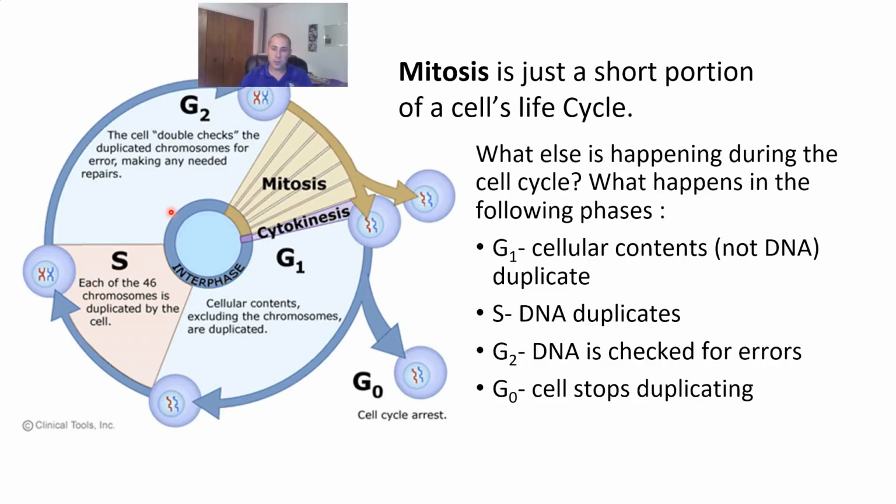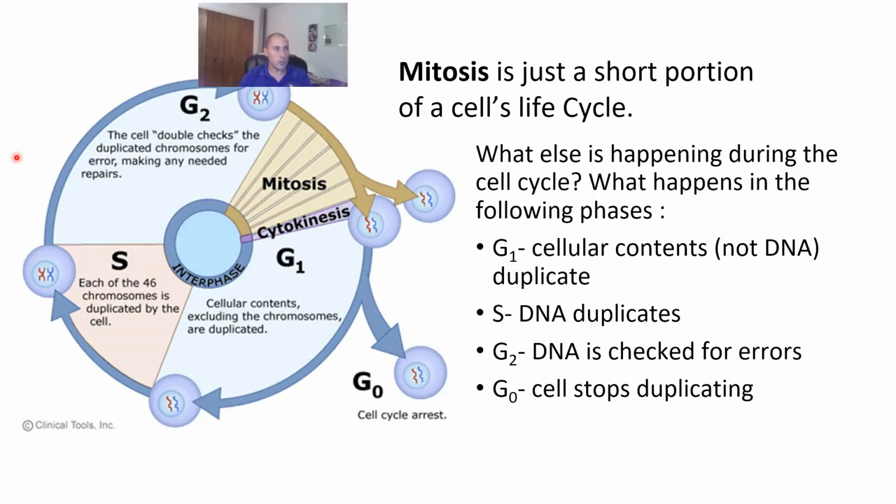Then in S phase, we copy that DNA because our new cells are each also going to have a copy of the DNA. Then in G2, we check the DNA for errors, finish any growth, and some cells go into G0. We'll talk about that in a little bit. So things like neurons, they don't make copies of themselves. They just get to where they need to be and they stay there.